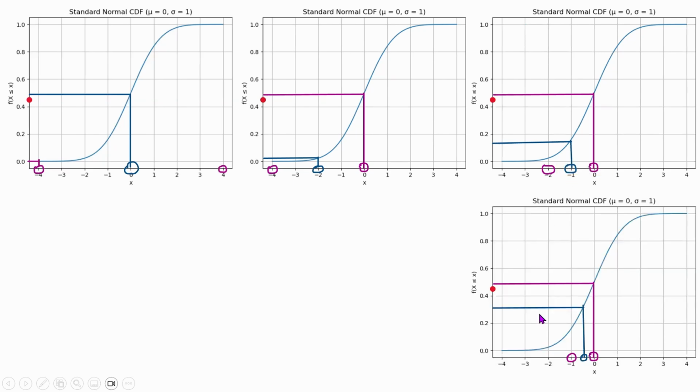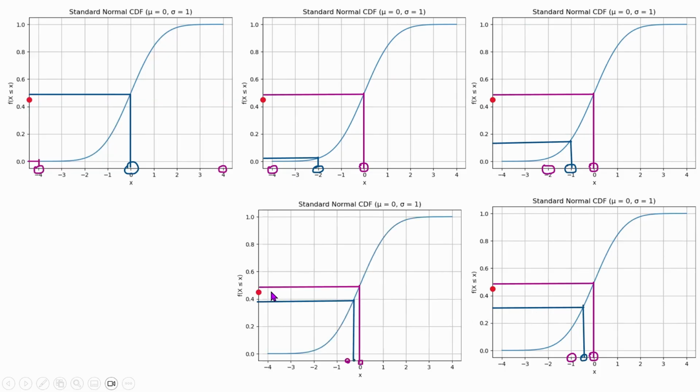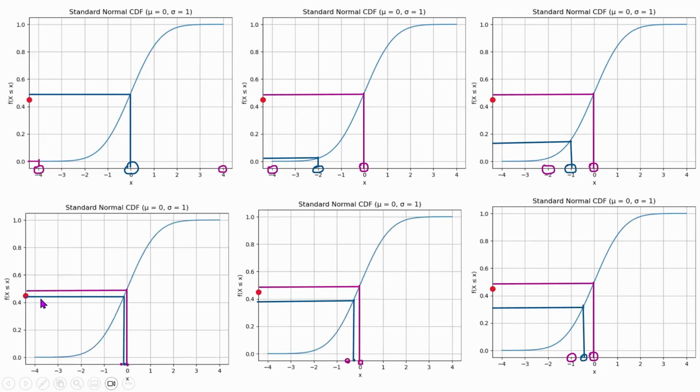So these 2. Again, we take the average and ask the same question, and repeat. And now, when we take the average, we see that it is extremely close to the generated random number, which was 0.45. And so we can take this blue point right here as our sampled instance.